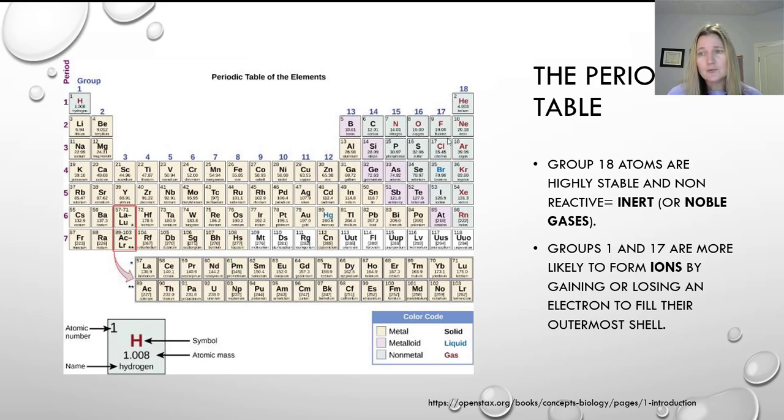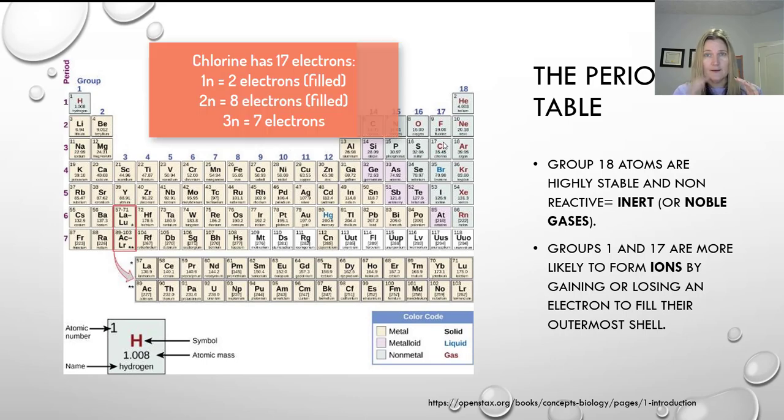But something like chlorine has 17 electrons if it's a neutral atom. So 17 protons, 17 electrons. So the first 2 electrons of the 17 fill the innermost shell. The second 8 electrons fill the second shell, so that's 10.